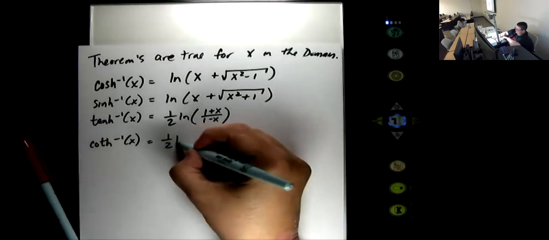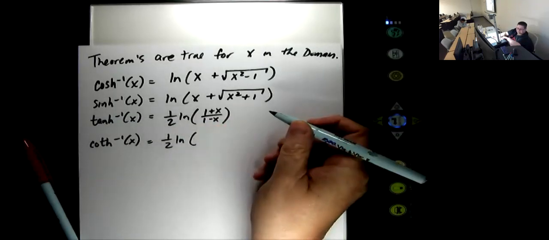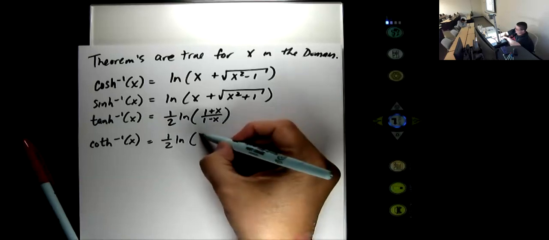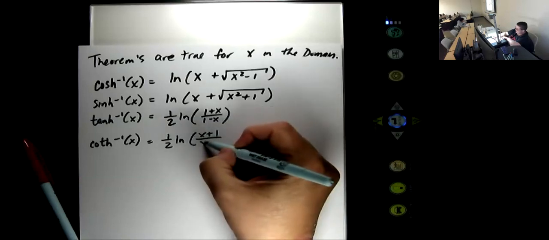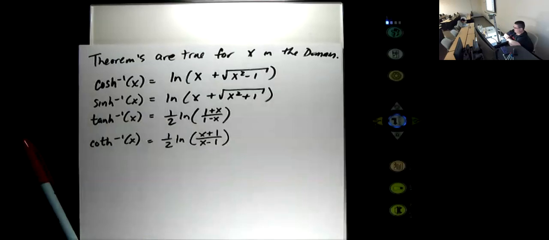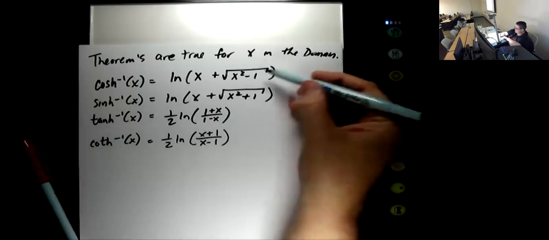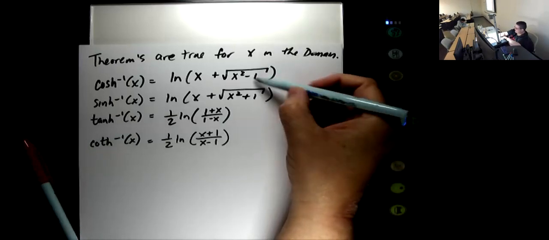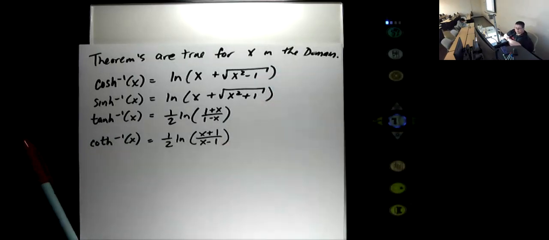It's eerily similar. I'm going to put the x's first because with the x on the bottom, we do x minus 1 rather than 1 minus x. So only the bottom is different between those two. Just like the only difference between sinh and cosh is the negative inside the radical.